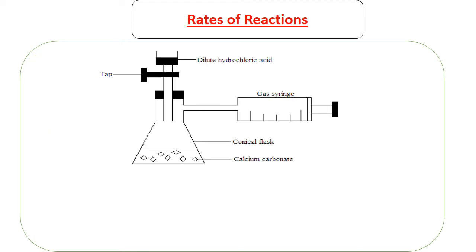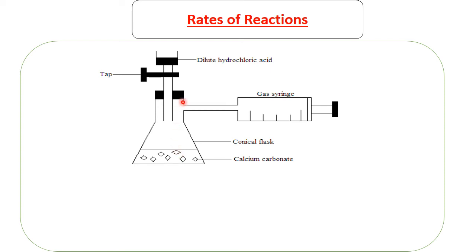So I'm just going to show two simple apparatus demonstrating a simple reaction which involves a gas. In this setup, hydrochloric acid reacts with calcium carbonate to form carbon dioxide. So carbon dioxide is the product.